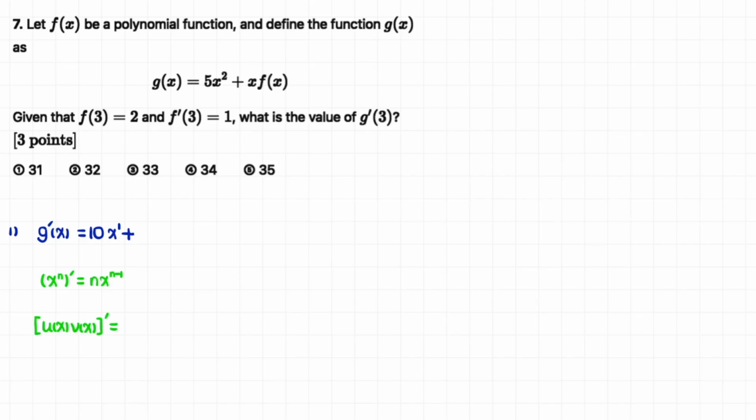When you differentiate this, it's u prime of x times v of x plus u of x times v prime of x. This feels really fair, right? You take turns differentiating each part while keeping the other part the same, and then you just add them together. So that's how the product rule works.